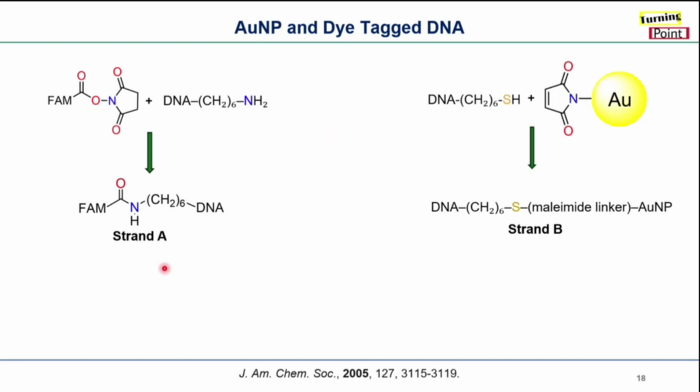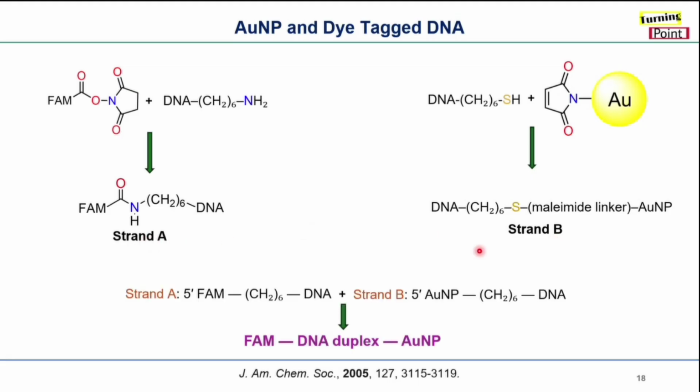The fluorescent dye is attached to the DNA using a succinimidyl ester functional group, known as FAM ester. Similarly, the gold nanoparticle is attached to the DNA with a modified DNA group. After getting these two strands, strand A and strand B, on hybridization we get the double-stranded DNA duplex.